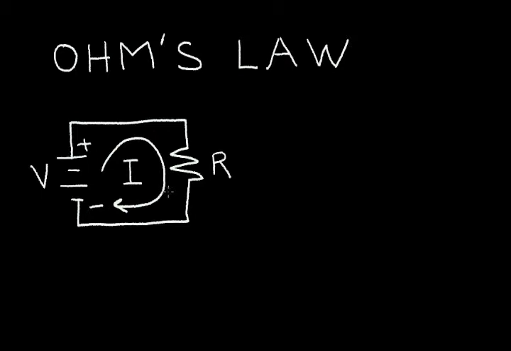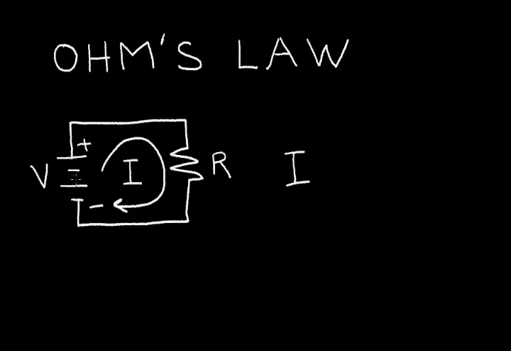So let's get back to Ohm's law, and let's see if we can figure out what current is. How does current relate to voltage and resistance? If I increase the voltage in the circuit, I've increased the electrical pressure. It's like the pressure in a garden hose that's filled with water.